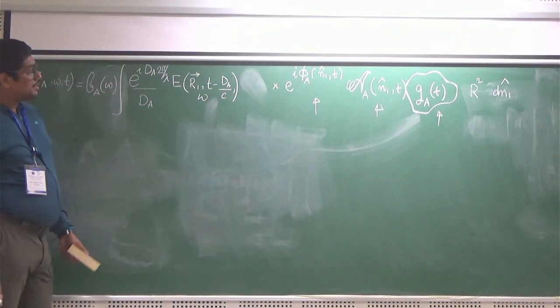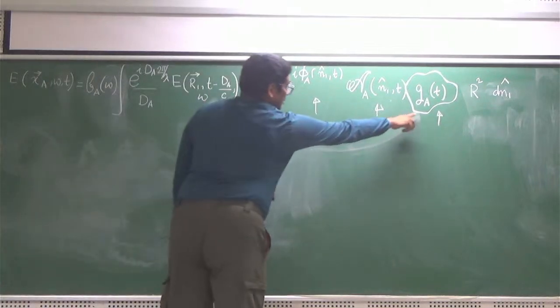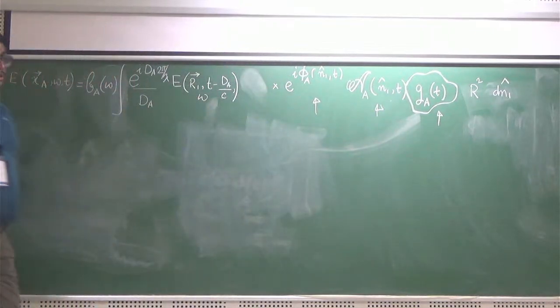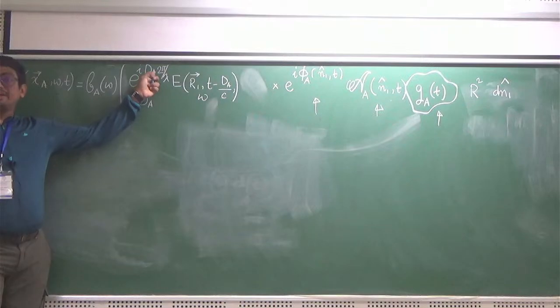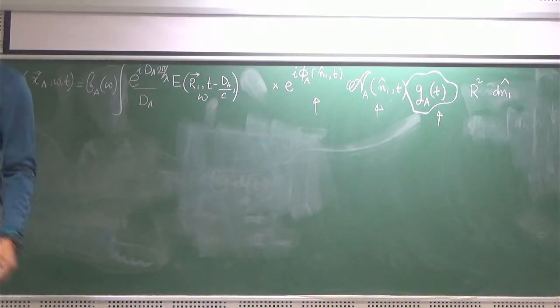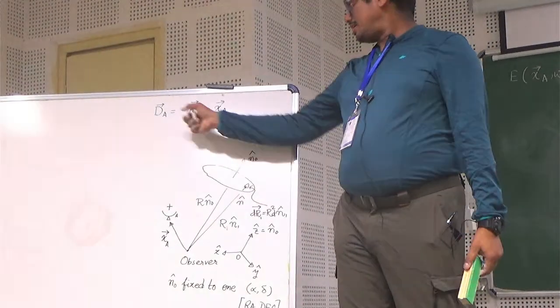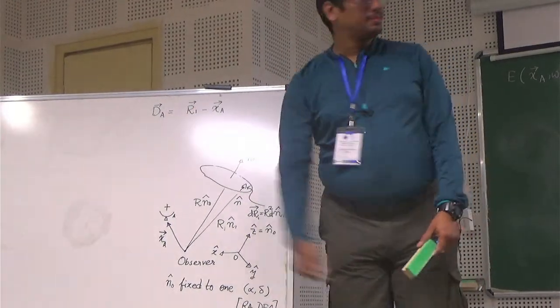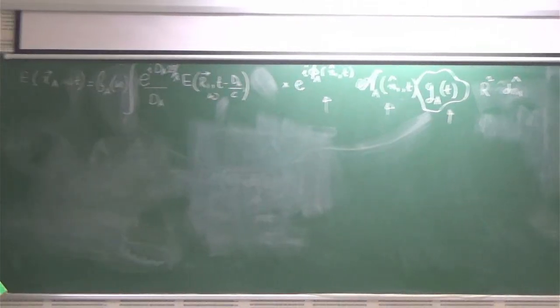The other thing that you can take out of the integral is this, because that doesn't depend on n cap. See, everything else depends on n cap in a certain way. dA also depends on n cap, because what is dA? dA is R1 minus XA. R1 has the n cap dependence. Okay. Everything else depends on n cap.